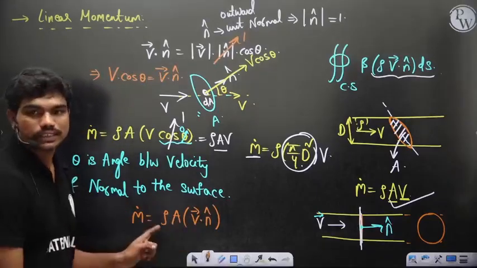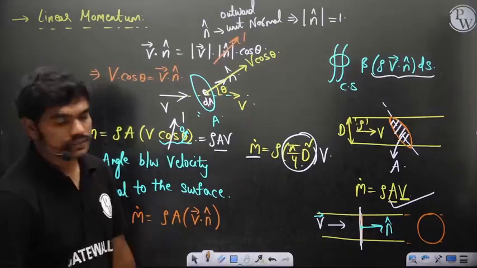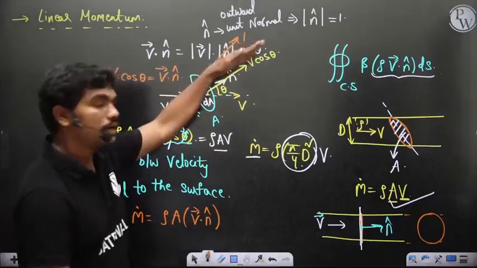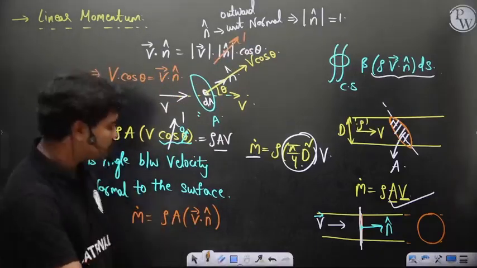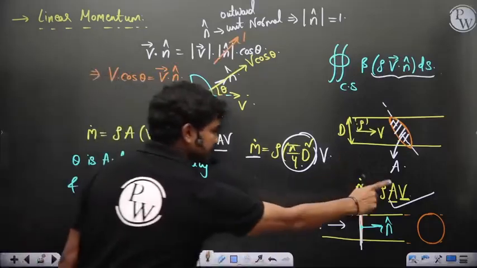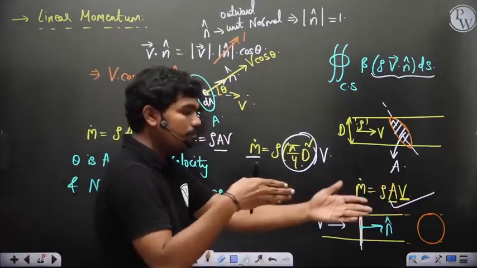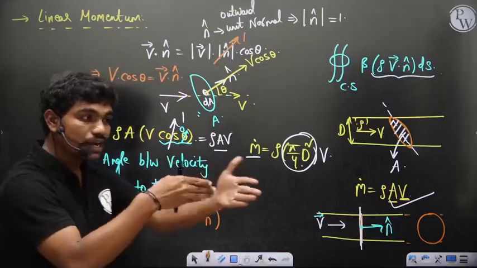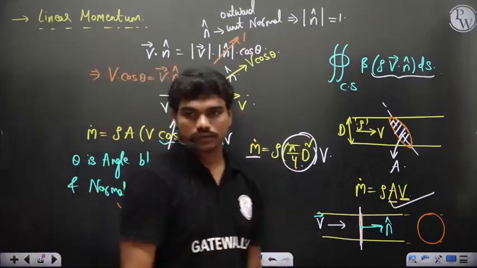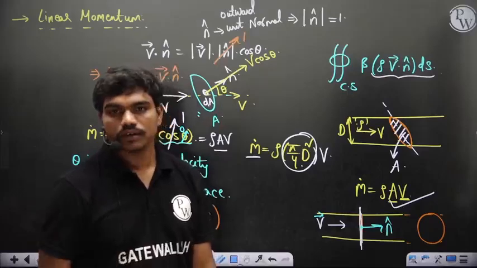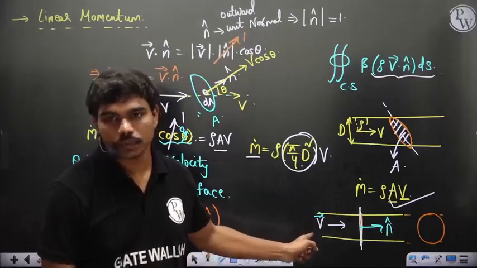That's why flow rate is always given by this expression, and this is a special case when a and b are perpendicular to each other, because then the normal to a and b will be parallel to each other. Got it? Did everyone understand this or not? Tell me.